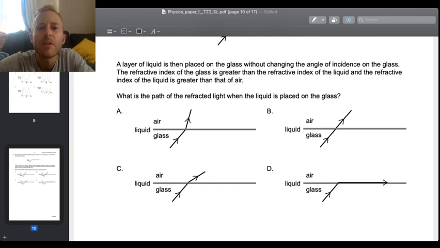What is the path of the refracted light? The answer is going to be D.